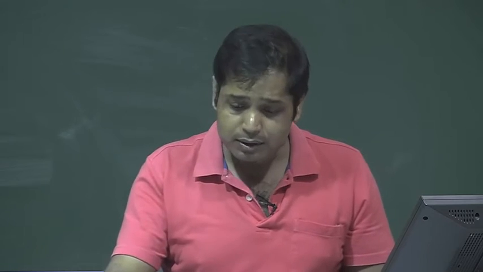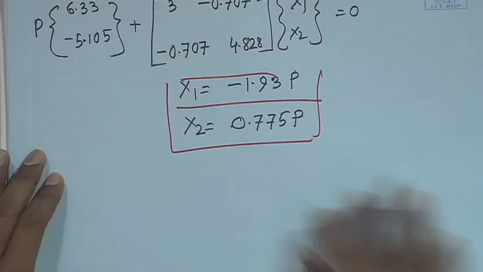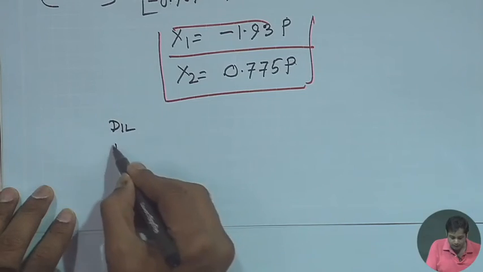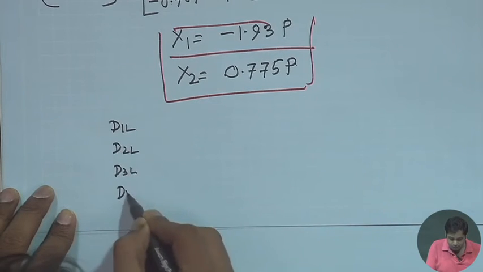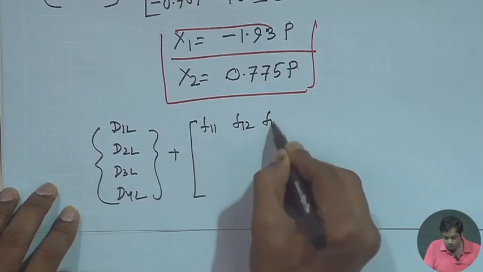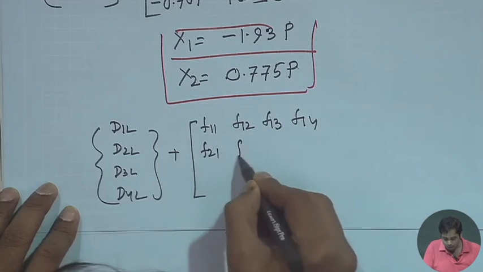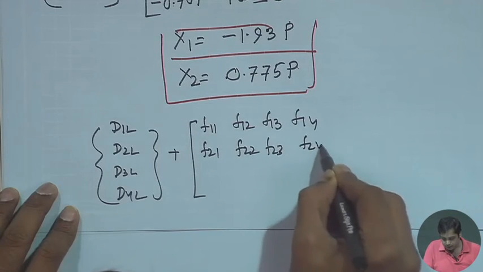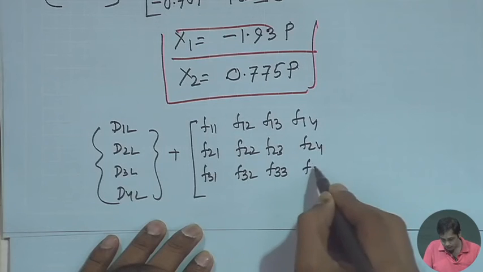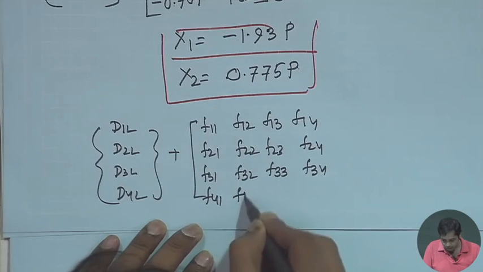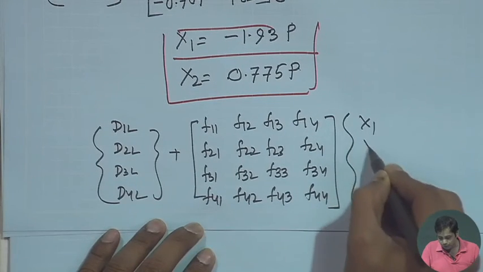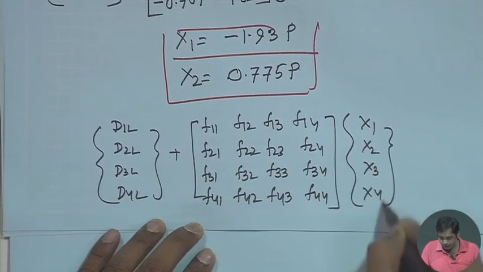But if you have that, then your equation becomes something like this. If you have say 4 redundant forces, then it becomes D1L, D2L, D3L, D4L, plus F11, 12, 13, 14, 21, 22, 23, 24, and then F31, 32, 33, 34, and finally F41, F42, F43, F44, times x1, x2, x3, x4, equal to 0.